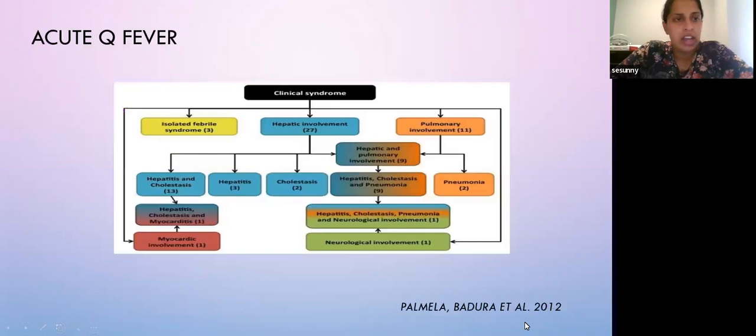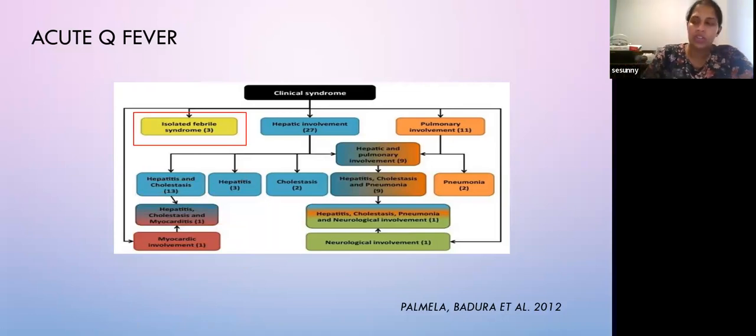So I took this because I thought it was a nice overview, just compartmentalizing the clinical syndromes of acute Q fever. And this is taken from a paper by Palmela. They looked at the clinical syndromes of patients that presented to their facility that were diagnosed with acute Q fever. So you have isolated febrile syndromes. This is where the patients present with a flu-like illness.